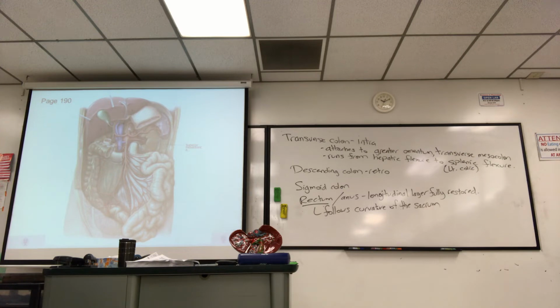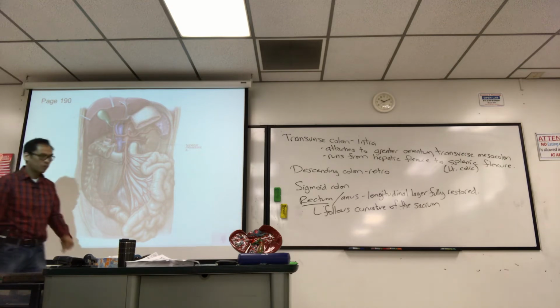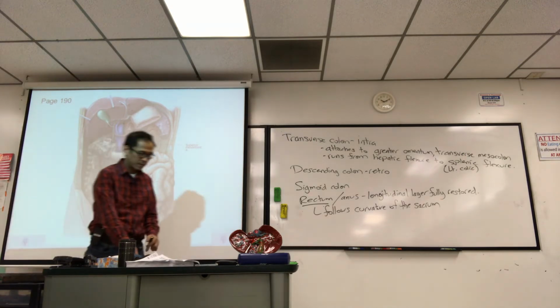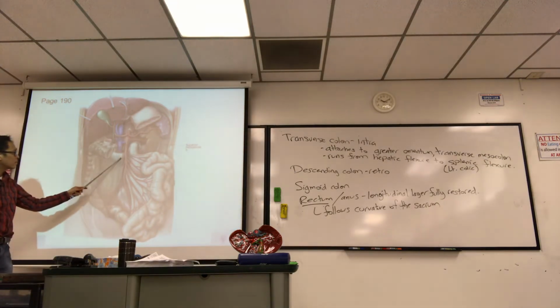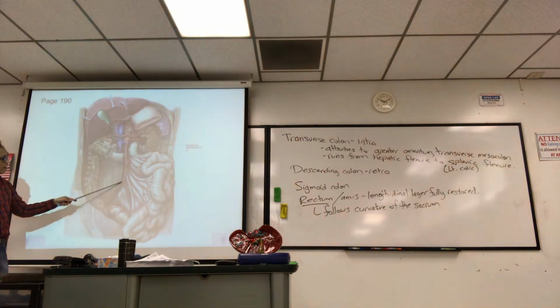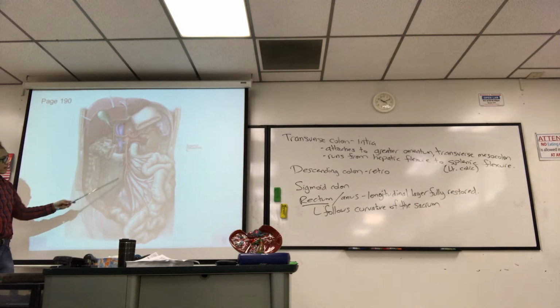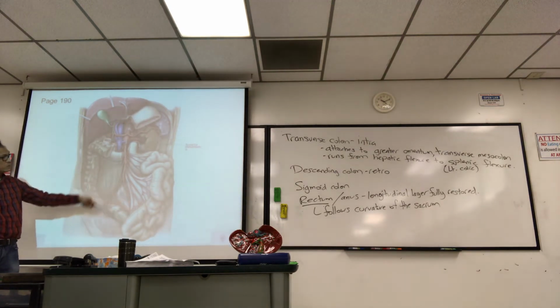Here's a picture of the blood supply to most of the small intestines. It's the superior mesenteric artery. The one thing I kept harping on before the break is it goes over the duodenum. Can you see that? It goes over the duodenum, right around there. Now look at all these little branches coming off.